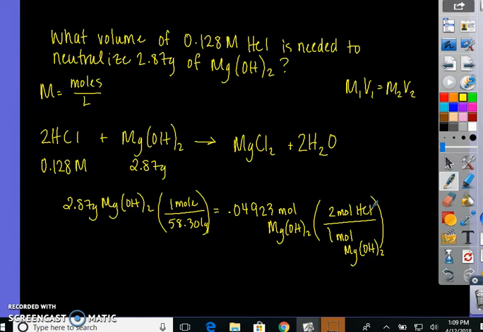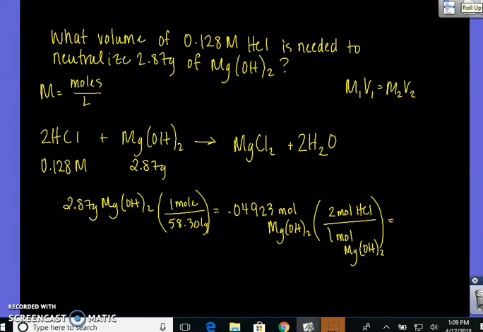You calculated the molar mass to get to moles, and you've looked to the balanced chemical equation to go from moles of one substance to moles of another. And the answer that I got for this one was 0.09845 moles of HCl. Okay, so I'm looking around the room to see if I'm anywhere close. Always double check my math, because we know what happened yesterday.